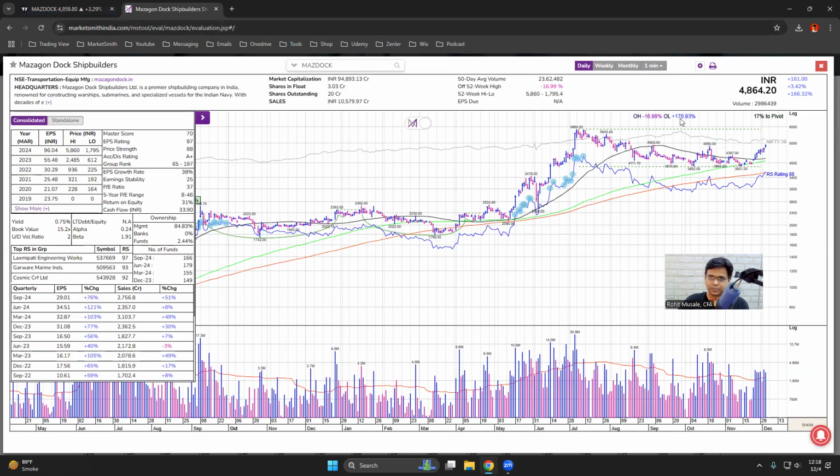So 170%. This number is changing because the market is live right now. But you understand what I'm trying to say? When you are measuring OH, you have to measure from the top to the closing price. When you are measuring OL, you have to measure from the bottom towards the closing price.